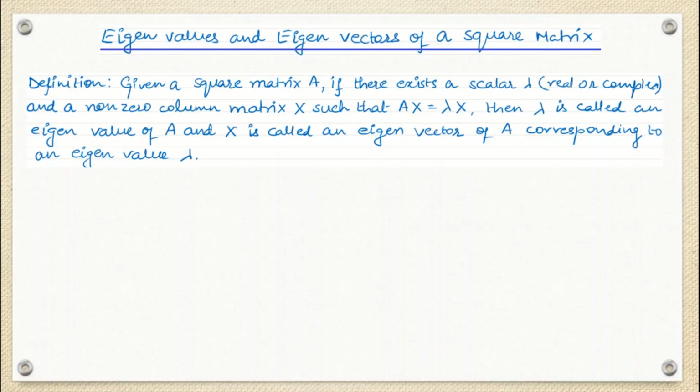So how do we define eigenvalue and eigenvector? Here it is written that we consider eigenvalues and eigenvectors of a square matrix, that means we have to work on an n cross n matrix.